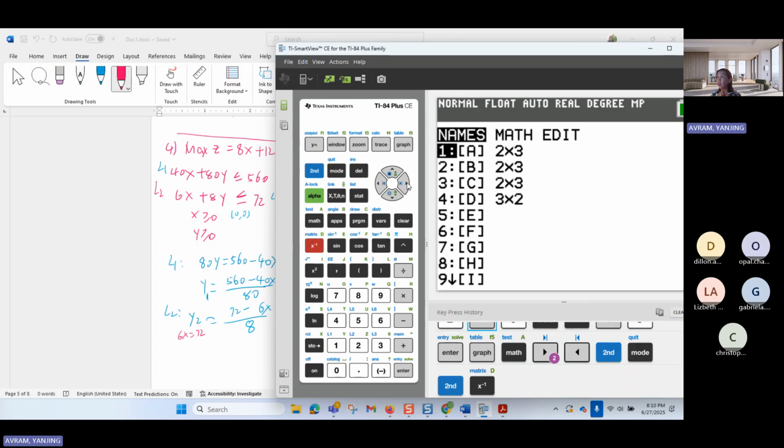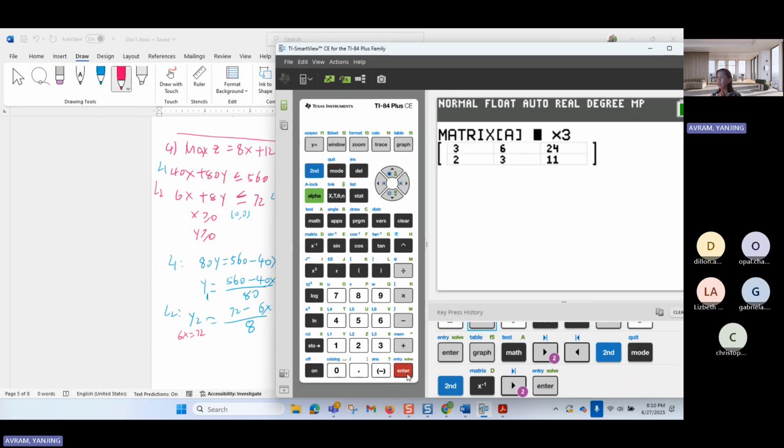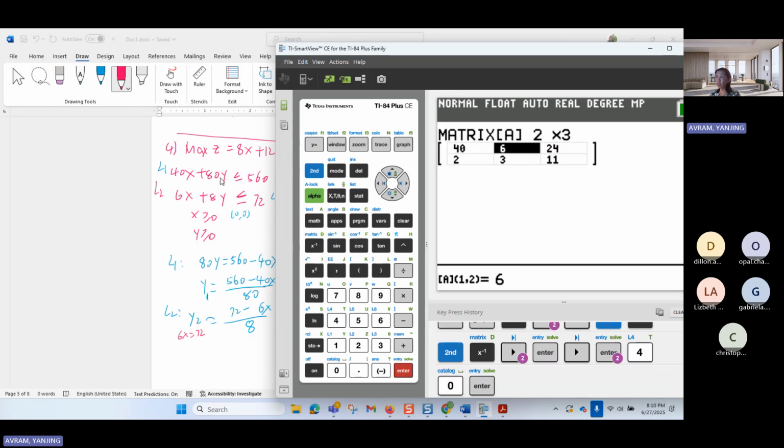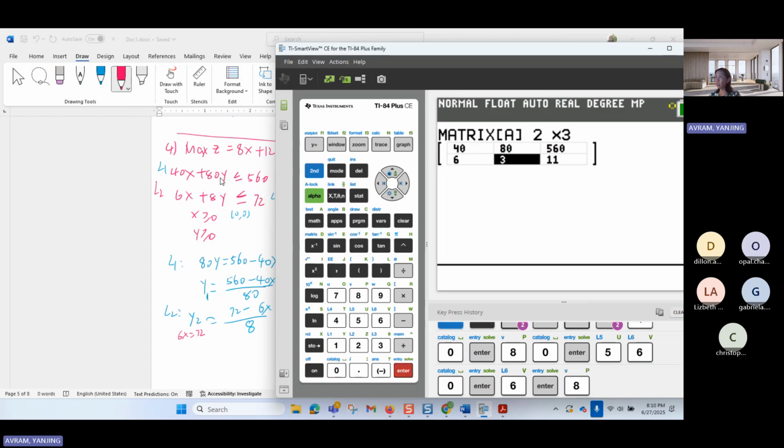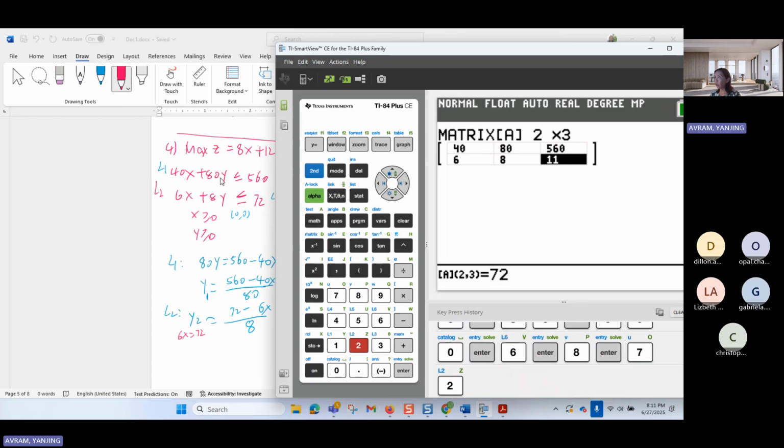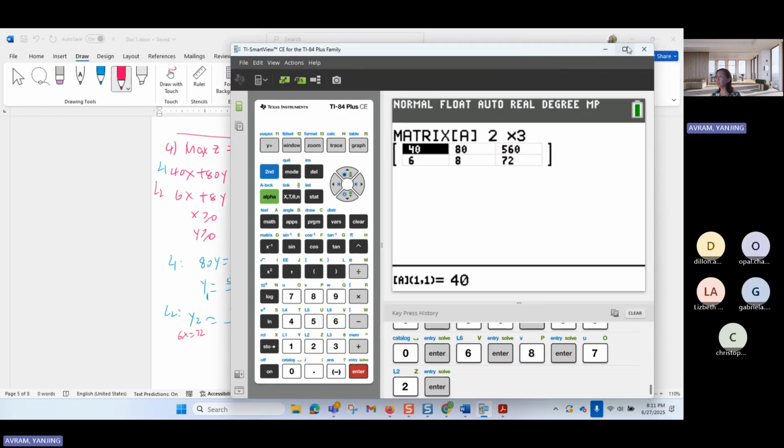Okay, all right. So I'm going to go to edit, and I'm just going to input into A. This matrix will be 2 by 3, which is true, right? So I'm just going to enter, and then this will be my x, 40, and then y here is 80 by 60, and then this will be 6, 8, and 72. Okay, that's my matrix, and I'm going to find my intersection.